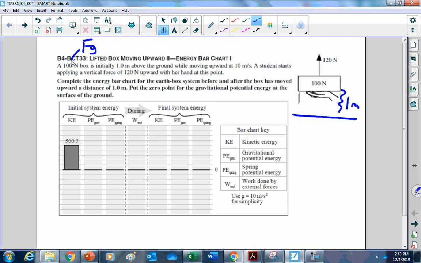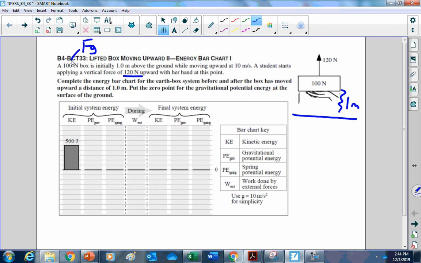Then the student pushes even harder than she was to begin with, and accelerates it up, because we can tell this vertical force is now larger than weight. It's going to speed up, right? So now it's going to experience a gain in kinetic energy too as it rises up into the air.